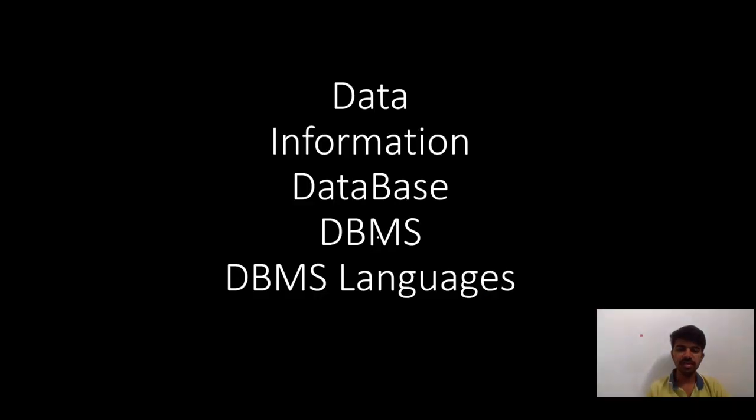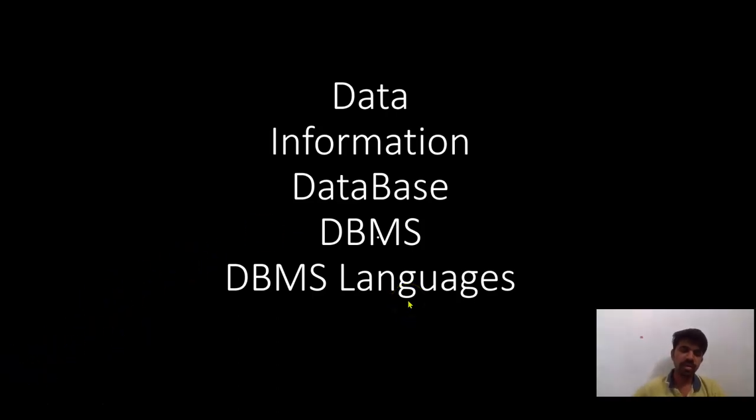So what is DBMS? DBMS stands for Database Management System. As the name says, it is a system which manages the data in the base. So we use DBMS to manage the data which is stored in the base. To manage the database, we need some languages.